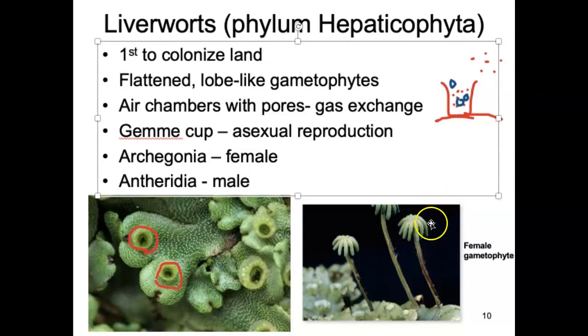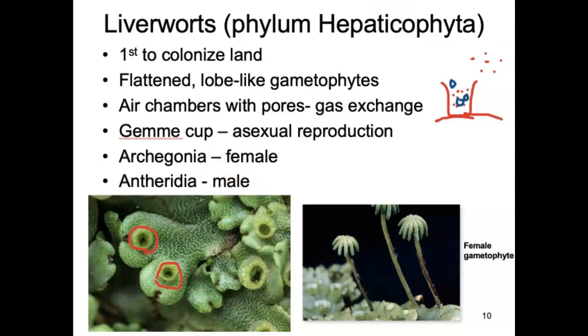It looks almost like a little umbrella, kind of a fingered umbrella. The antheridia, we'll see that in lab, has a slightly different shape. The male gametophyte, the antheridia, will produce sperm. The archegonia will produce the egg, and then the sperm uses water to swim over to the egg.